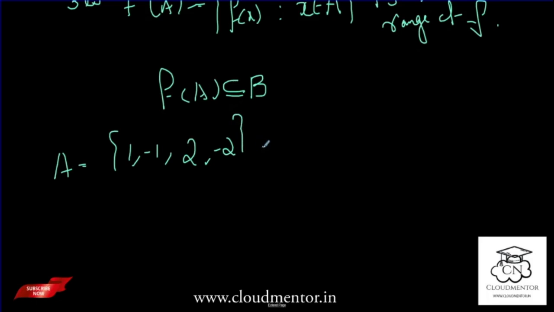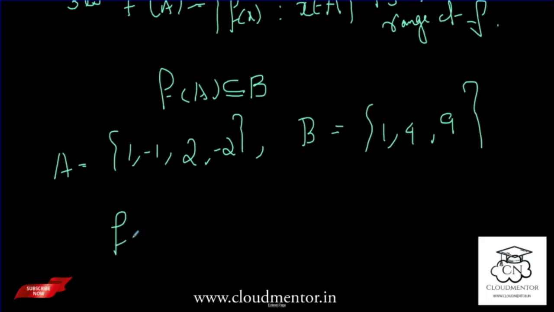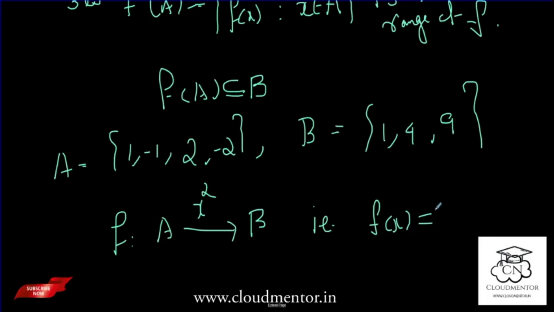Then B equal to the set of 1, 4, 9. Then the function f from A to B is defined by x square, that is f of x equal to x square.